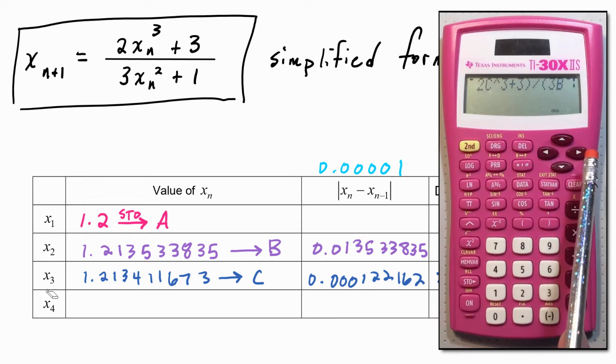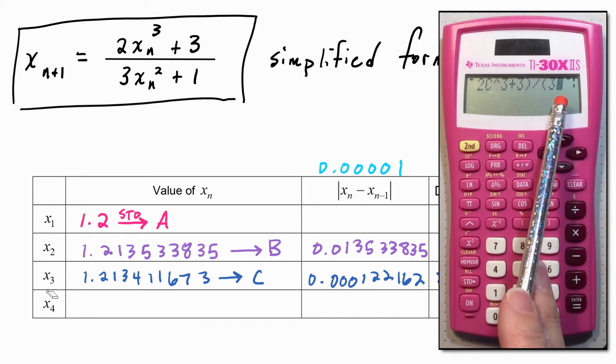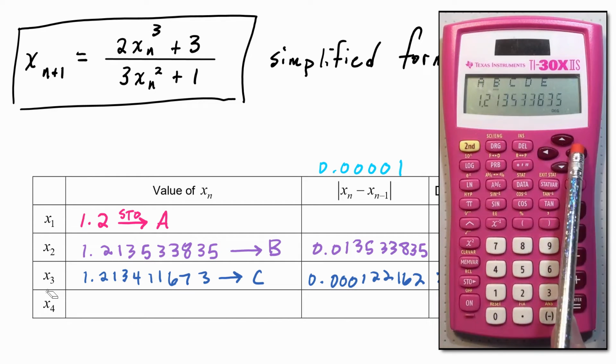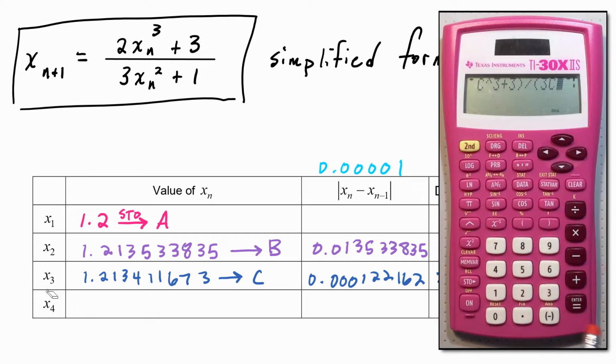There's 2 spots we have to do it. We cursor over to the other B and put instead memory variable C. Then all we have to do is hit enter, and now we have 1.213411663.